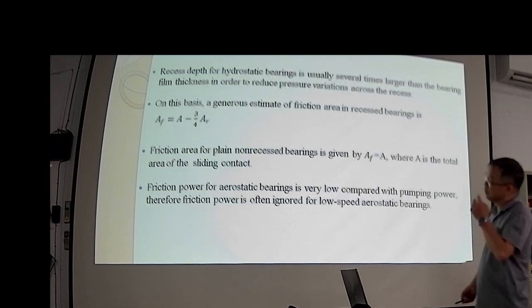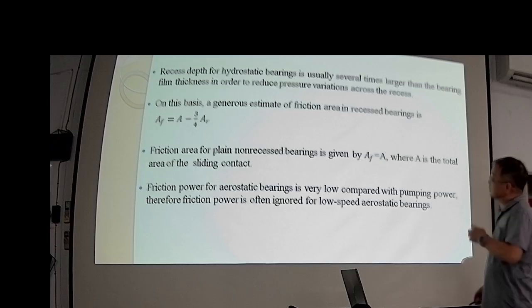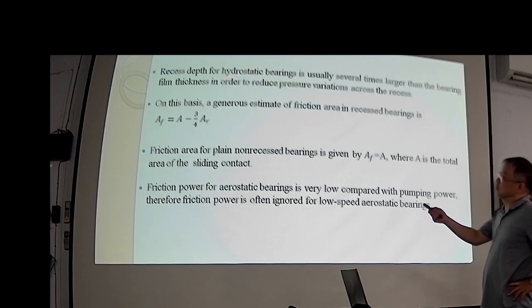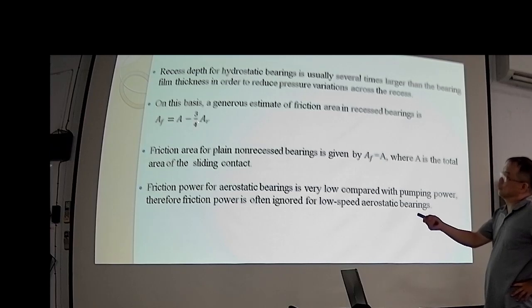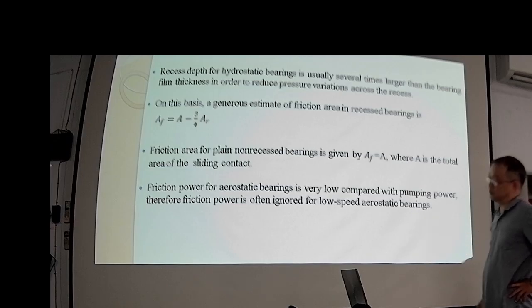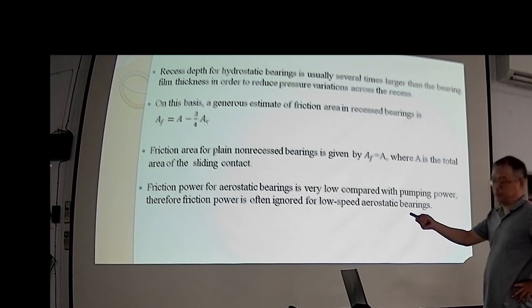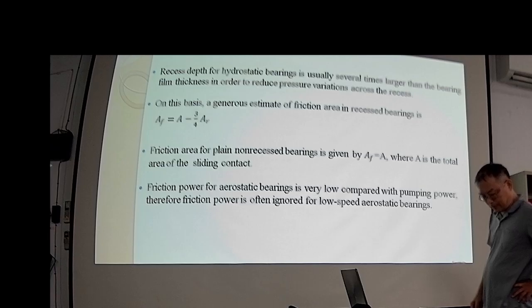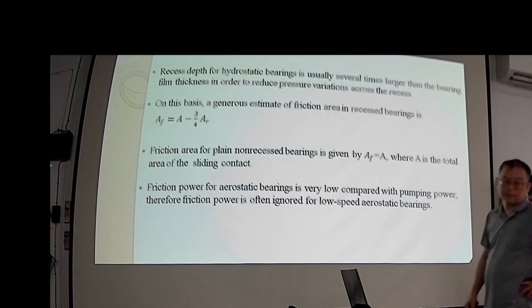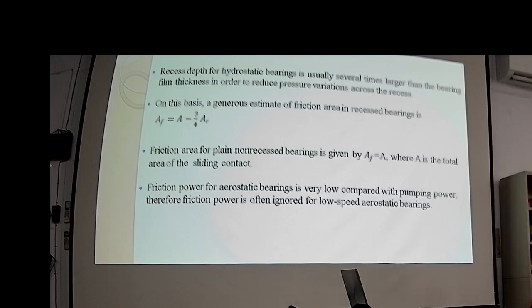And we also have another estimation of the friction area, which may be equal to the total bed area minus 3/4 of the recess area. Okay, this is the explanation of the calculation for the friction area.